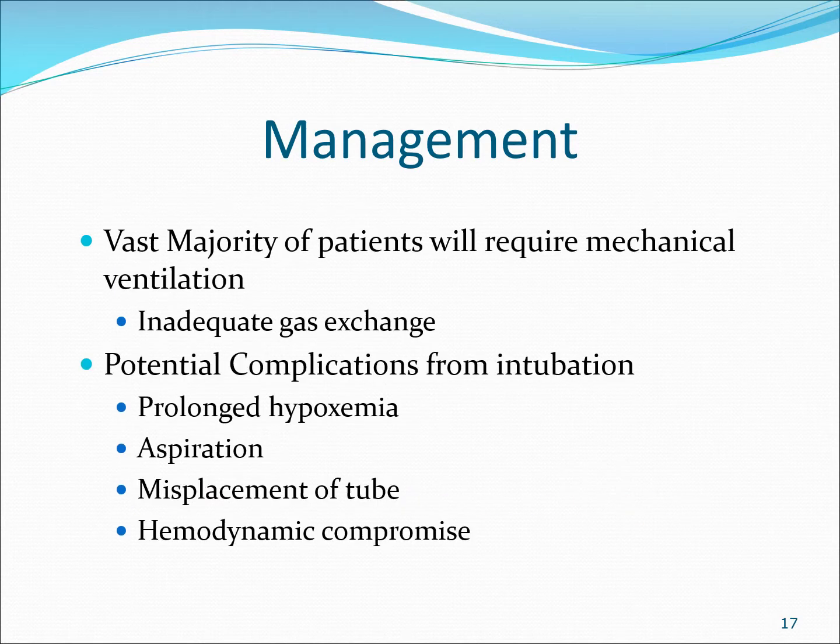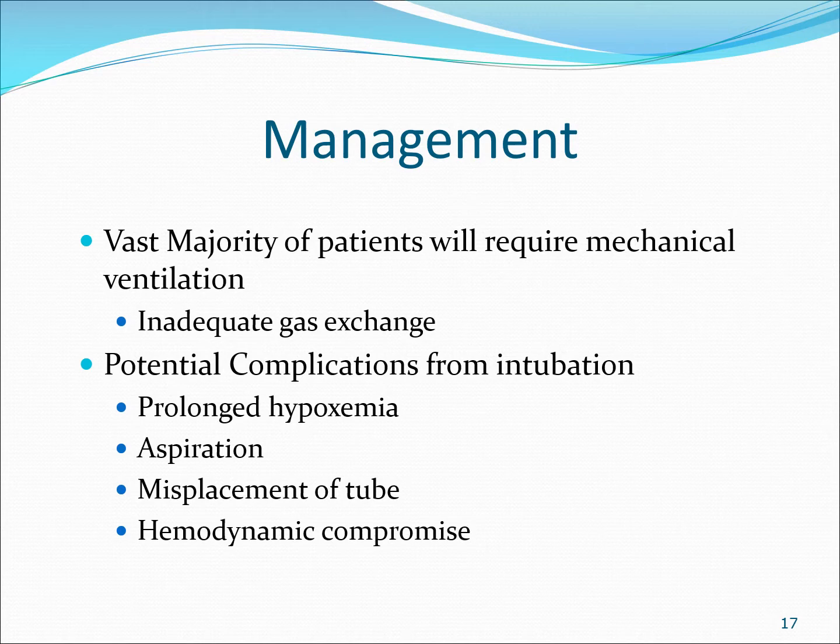The reality is that most of these patients are going to need some form of mechanical ventilation. When you get a blood gas that's not being corrected by non-invasive ventilation, you really need to intubate. There are complications to intubation. You can have prolonged hypoxemia, you can aspirate, you can have misplacement of the endotracheal tube, and some patients even become hemodynamically compromised as a result of intubation.